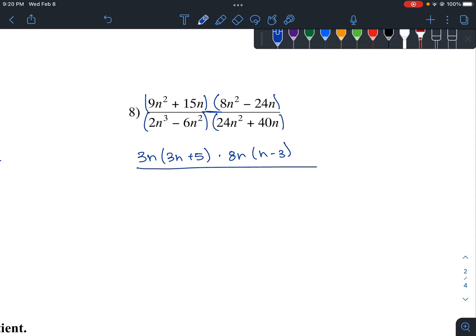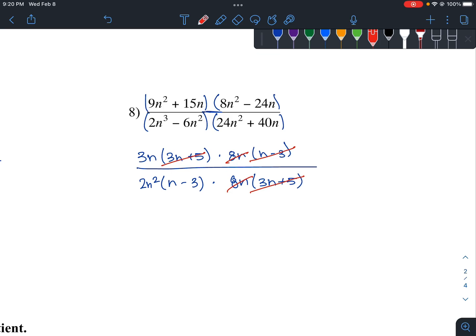All over, I can take out a 2n squared here, and I'm going to have n minus 3. And then here I can take out an 8n. So take out 8n, and I'd be left with 3n plus 5. Alright, now let's see what factors can cancel. So 3n plus 5, 3n plus 5. I have 8n and 8n.